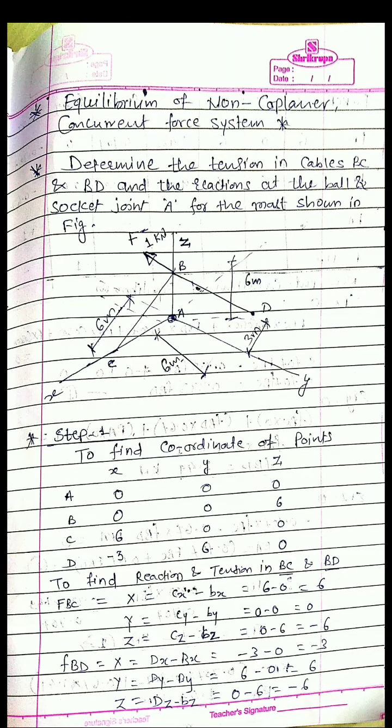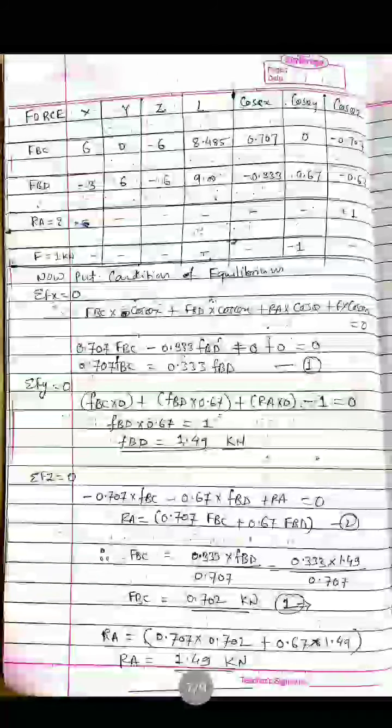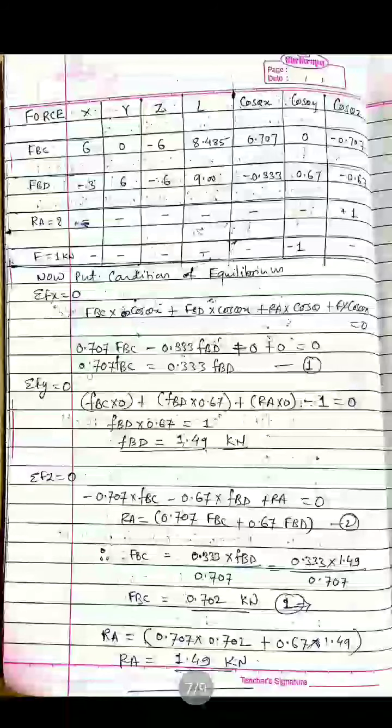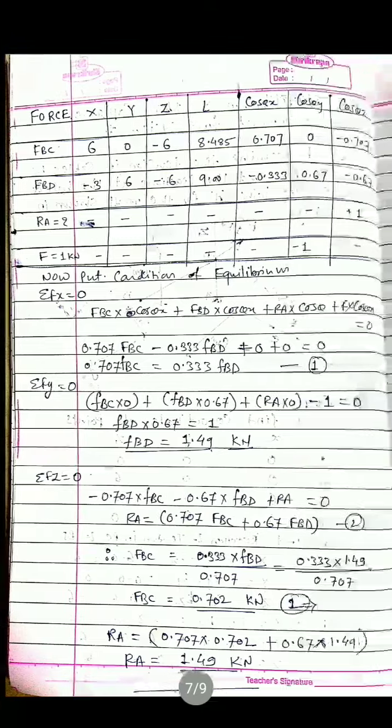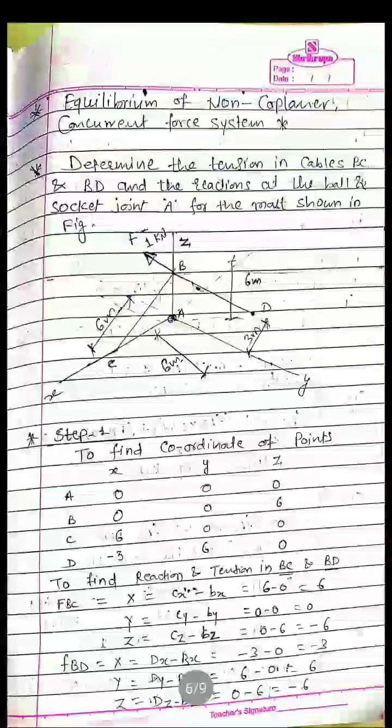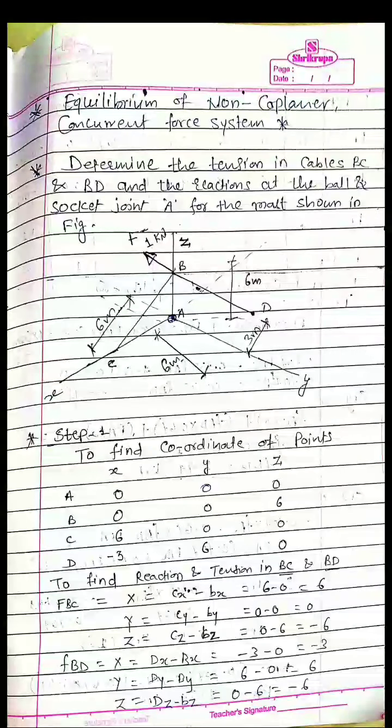Now here we need to prepare this table, that is forces, capital X, Y, Z, L, cos theta X, cos theta Y and cos theta Z, for the FBC, FBD, RA and F. So for the FBC, to get the X, we calculate Cx, means X coordinate of C minus X coordinate of B, that is 6 minus 0 is equal to 6.